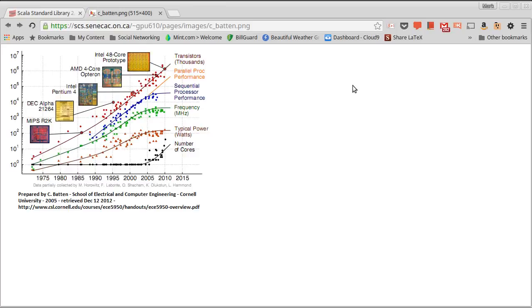Graphics processors are also basically computer processors at this point in time, and they also work by being very highly parallel. They don't get as much done in a single thread as a normal processor, but they have lots of cores in them. A high-end Kepler K80 has almost 5,000 threads that will run simultaneously. So in order to get things done, you have to write your program so that things happen at the same time. That's multi-threading.